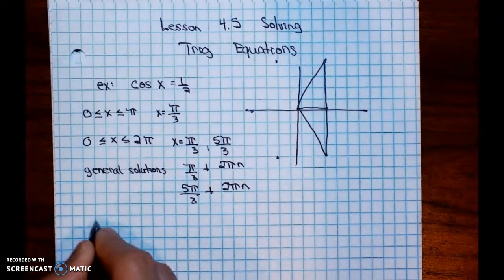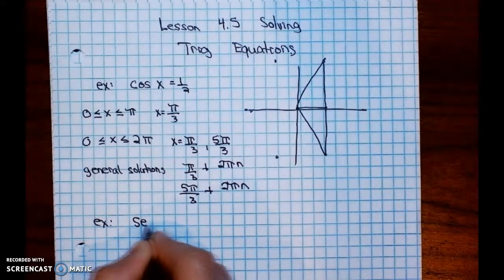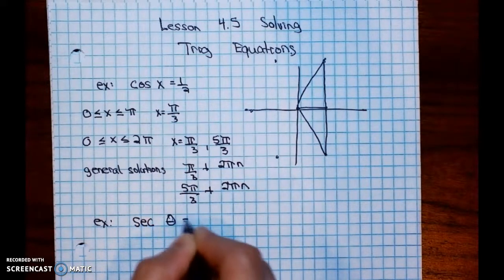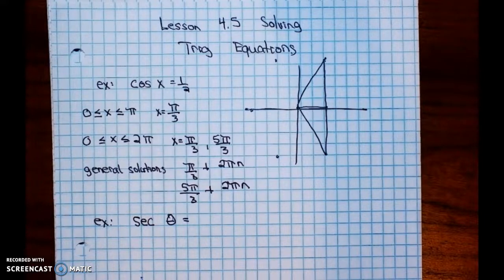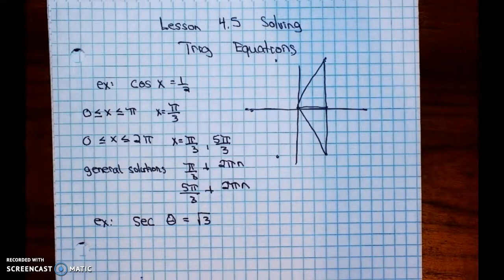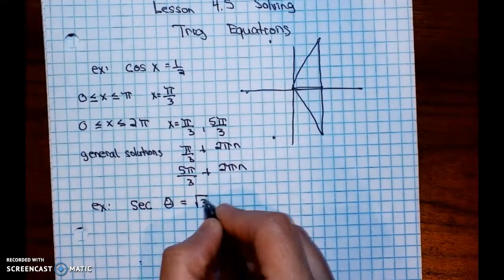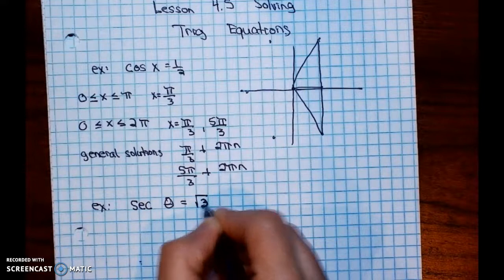Let's go look at another example. Let's suppose we were given the secant of theta is equal to radical 3. We're going to need to change it so it's one of those common reference triangles.